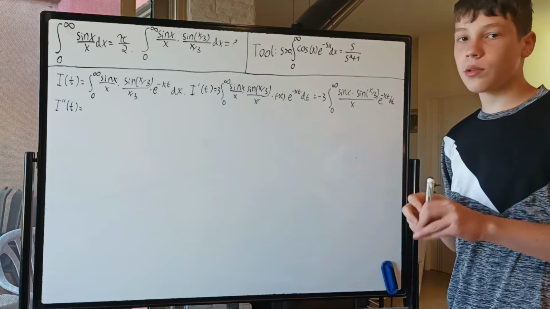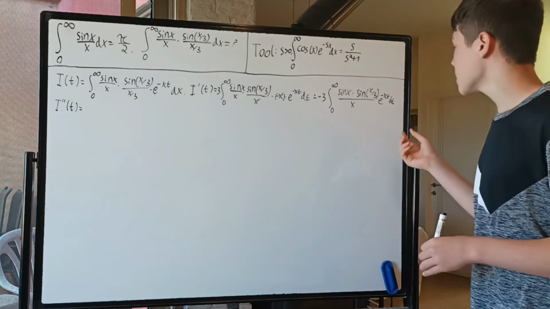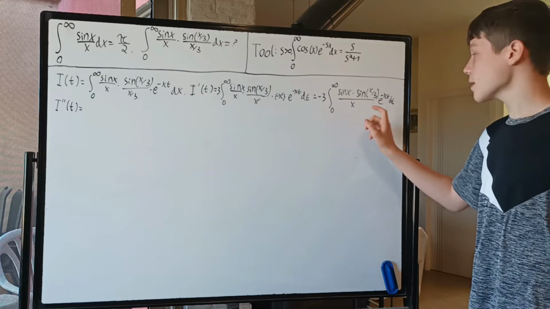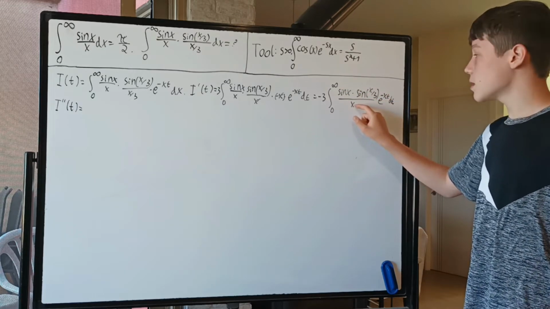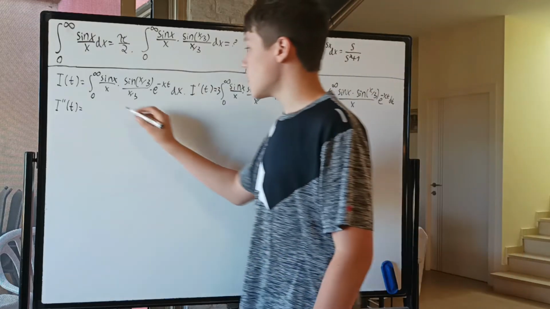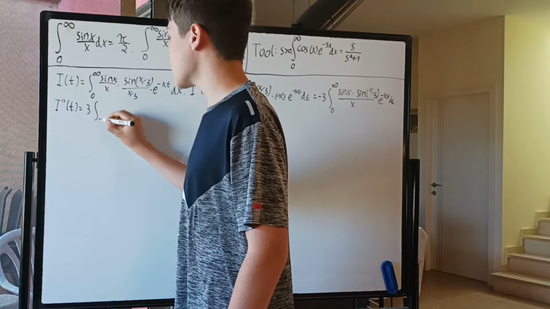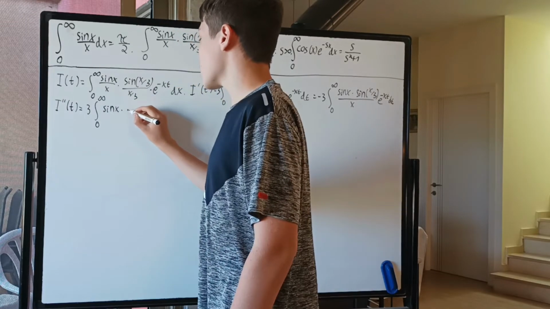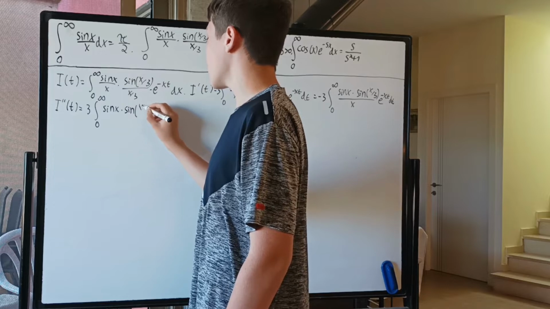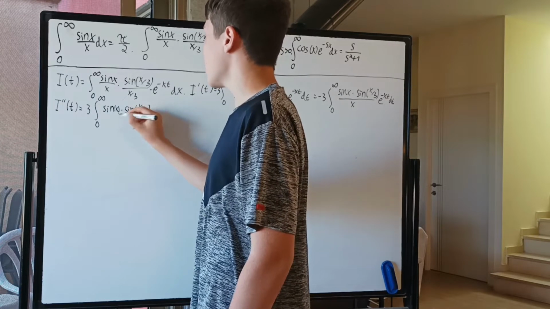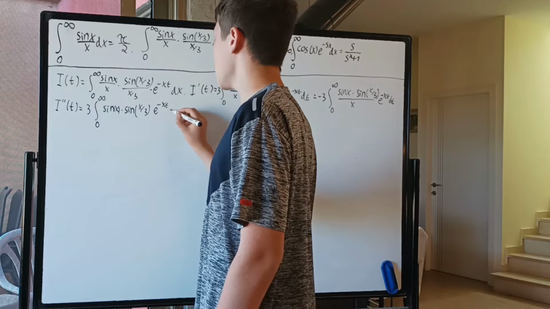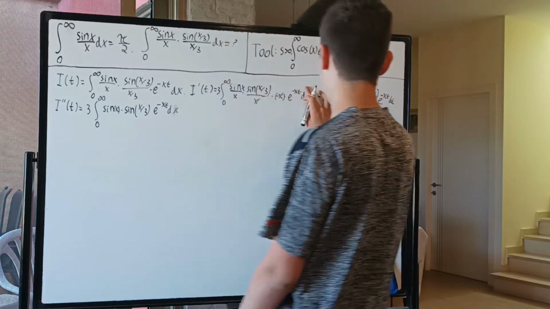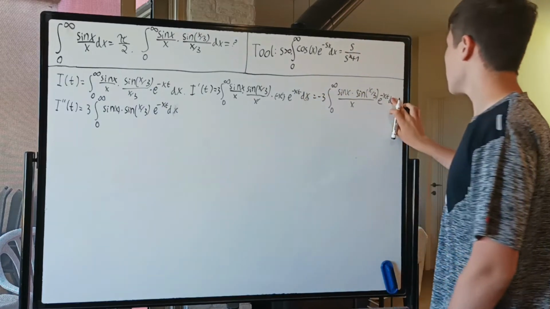This time I won't write all the details, I'll just say it. We'll have negative x times the integral of this thing; x will cancel out, and the negatives will cancel out. And in the end, we'll have 3 times the integral from 0 to infinity of sine x times sine x over 3, e to the negative xt dx. And these integrals should be dx, not dt.